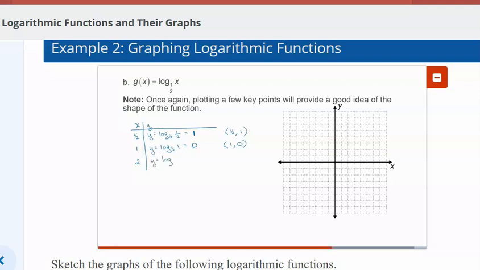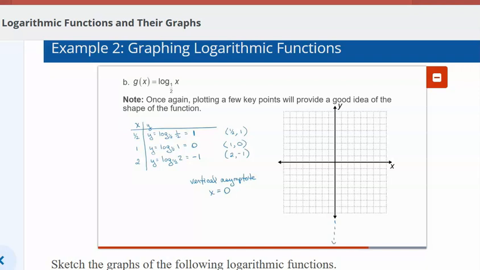And then when x equals 2, we have y equals logarithm base 1/2 of 2, which gives me -1. So I have the ordered pair 2, -1. Because this is the graph of a logarithm, I have a vertical asymptote of x equals 0. In other words, the y-axis.